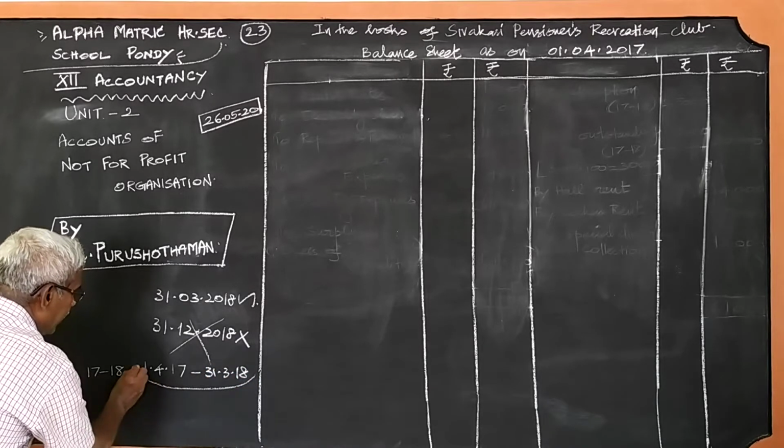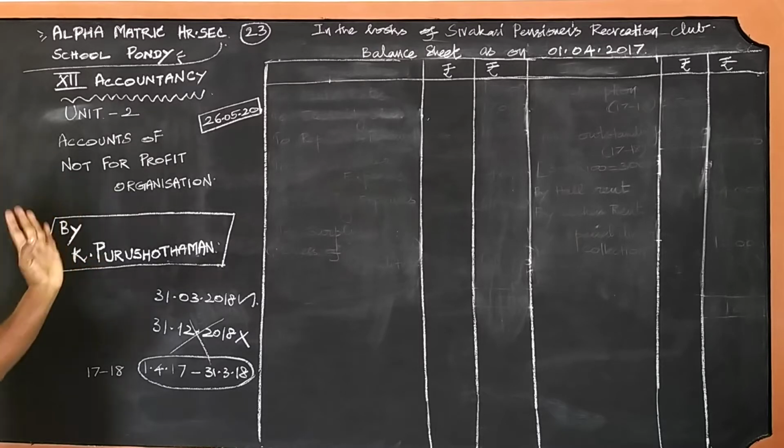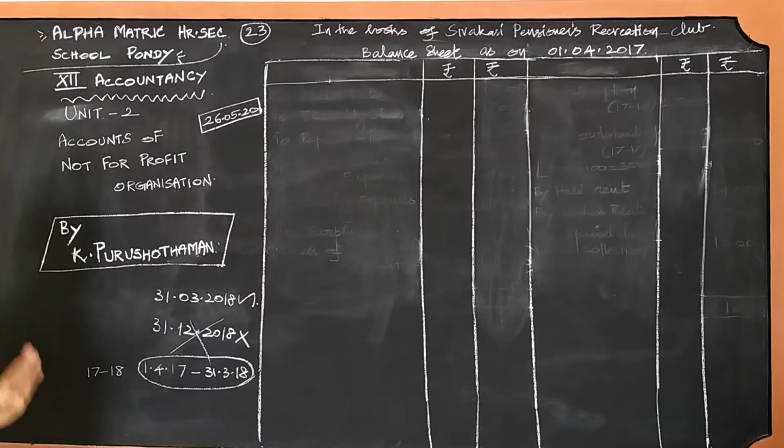This is the accounting year. So we should prepare the opening balance sheet to find the opening capital. What all the assets and the liabilities available in the beginning of this accounting year, we should write it there and find the opening capital.